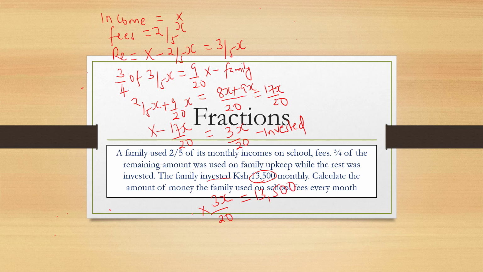Now if we multiply both sides by 20, we get 3x is equal to 13,500 times 20. And then we divide both sides by 3, therefore x is 13,500 times 20 divided by 3. So what will be our value of x?